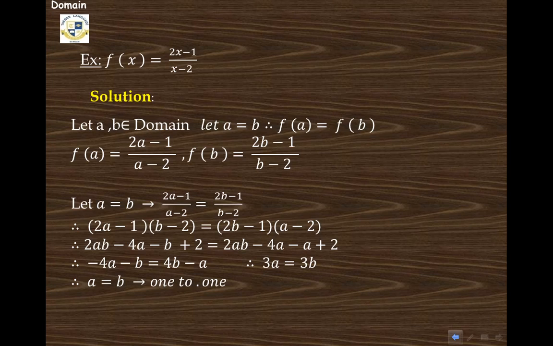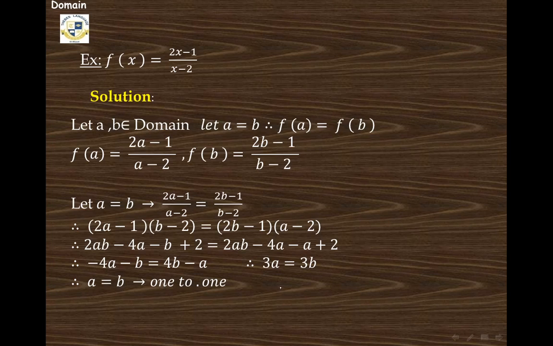Negative 4a minus b equals 4b minus a. Therefore 3a equals 3b. I'll collect letter a with each other, also letter b with each other.